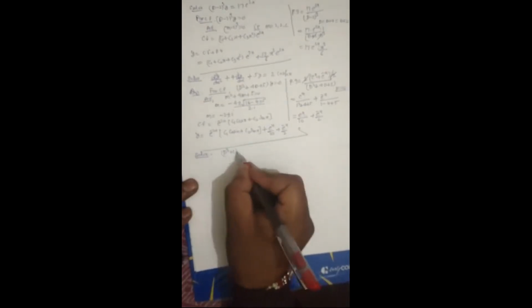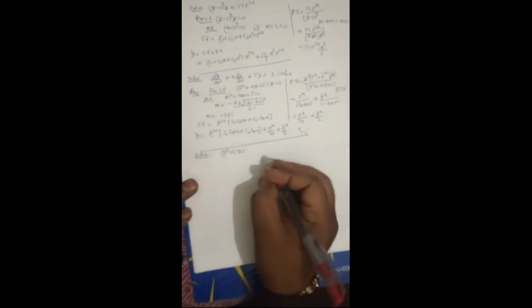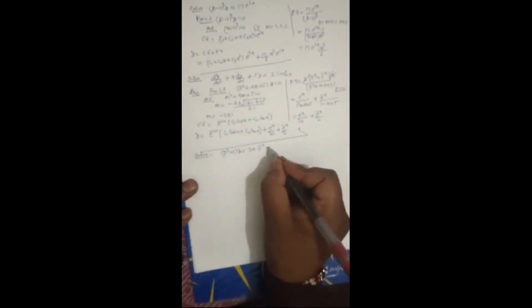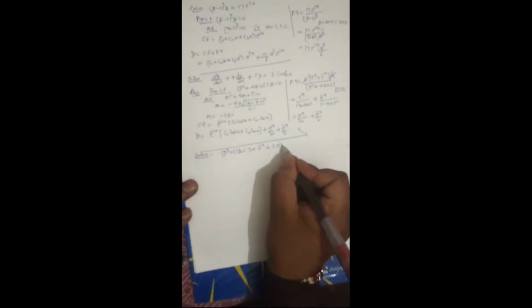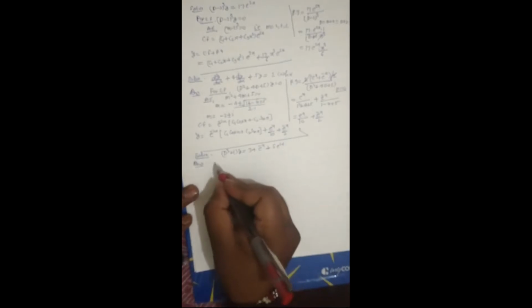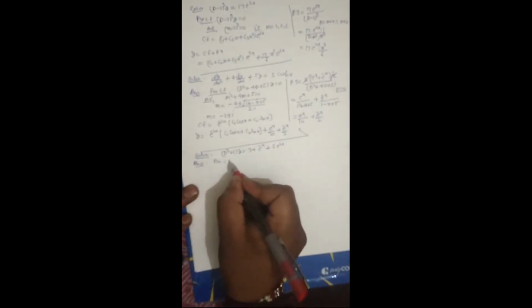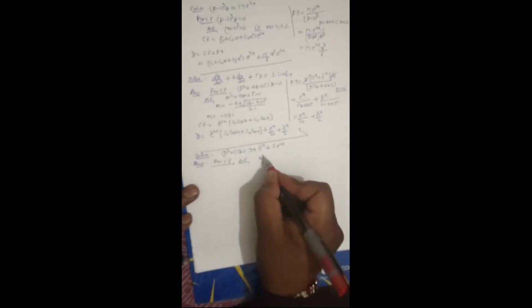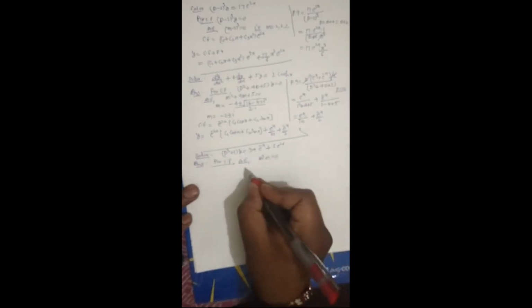(D cube plus 1) y equal to 3 plus e to the power minus x plus 5 e to the power 2x. Answer. For CF, the auxiliary equation can be written as m cube plus 1 is equal to 0.